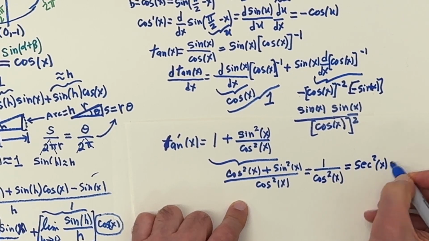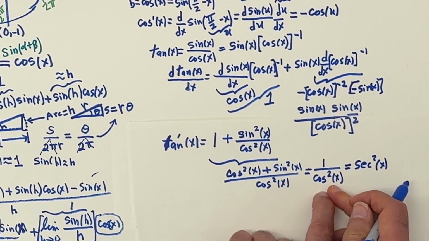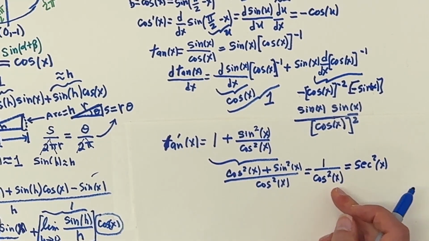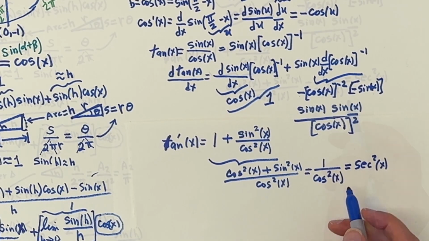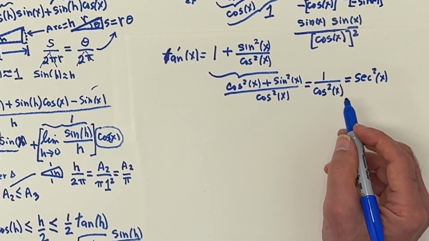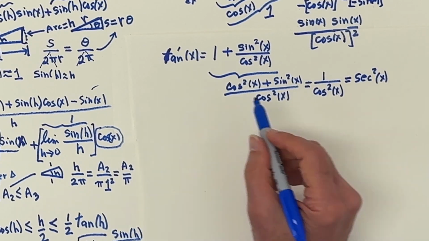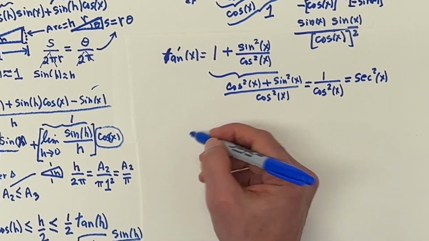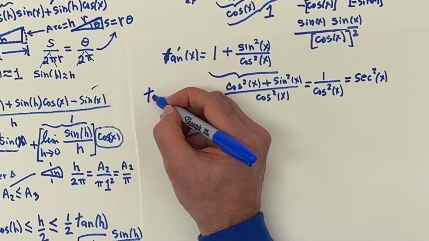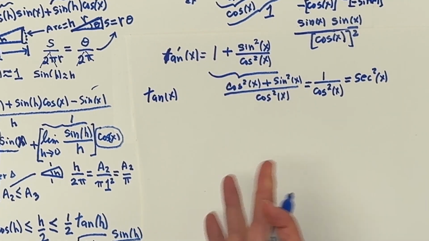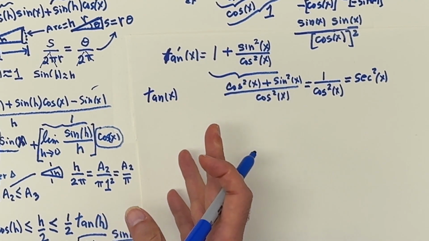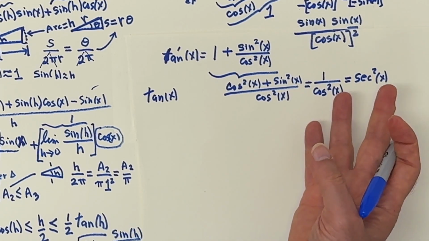A secant doesn't do much for me. I want to focus on this form here because I want to graph these. I want to do some sketches. So we want to sketch the tangent of x first. Let's go back. Let's just say, what does this tangent of x look like? And then see if the slope of it would be equal to 1 over the cosine squared.